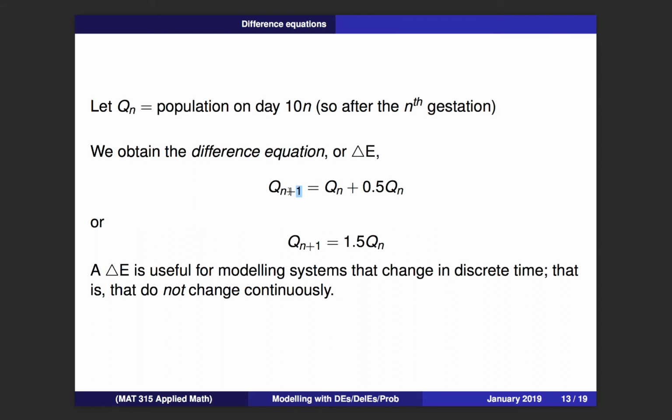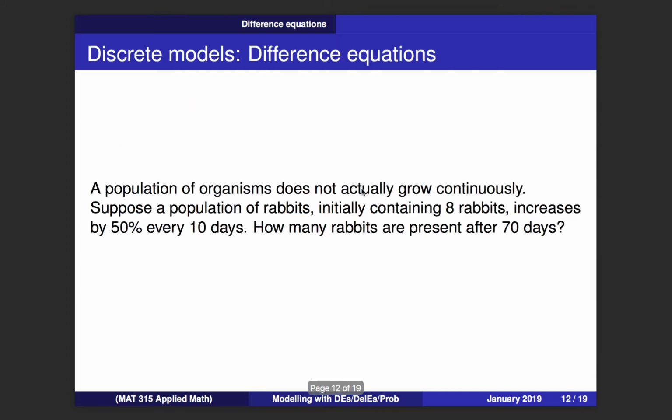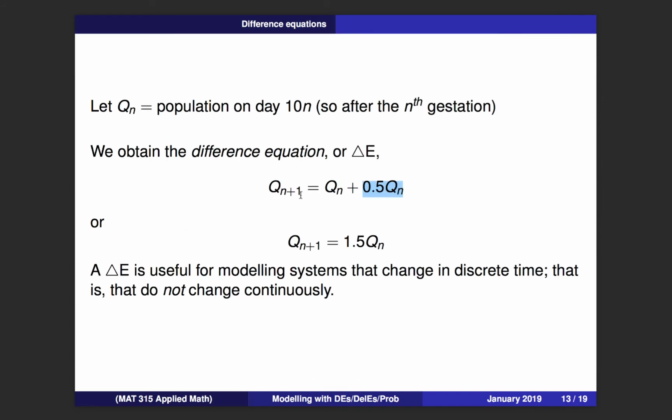At the n plus first stage, you've got the number of rabbits that you had, plus 50%. Remember, the population increases by 50% every 10 days. This is similar to when you have bank interest that's compounded monthly rather than continuously or yearly. So on the n plus first stage, you have what you had last stage plus 50% more.